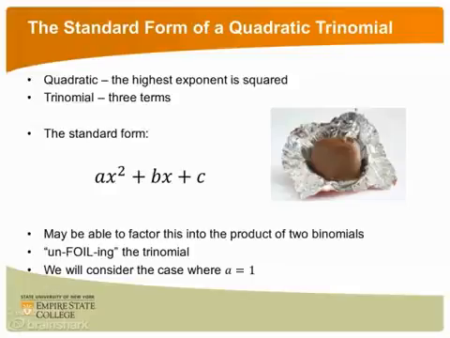The standard form for this type of polynomial is ax squared plus bx plus c, although those plus signs may also be minus signs. Depending on the values for a, b, and c, we may be able to factor a quadratic trinomial into the product of two binomials.